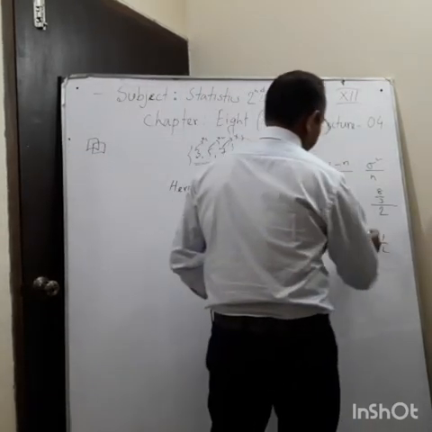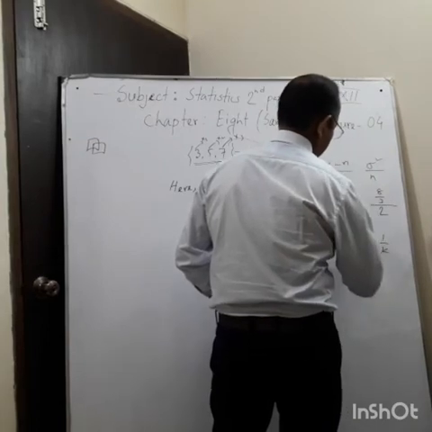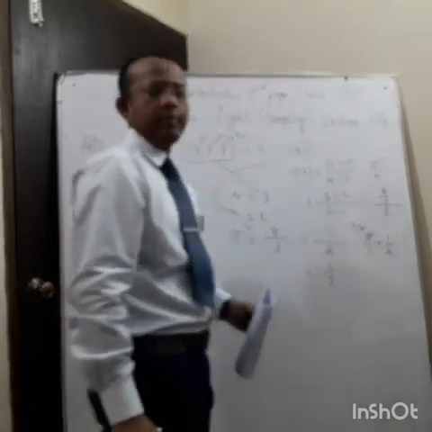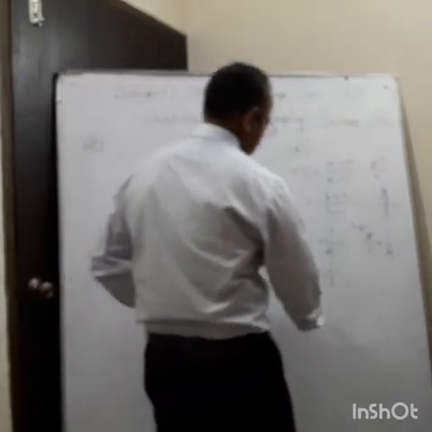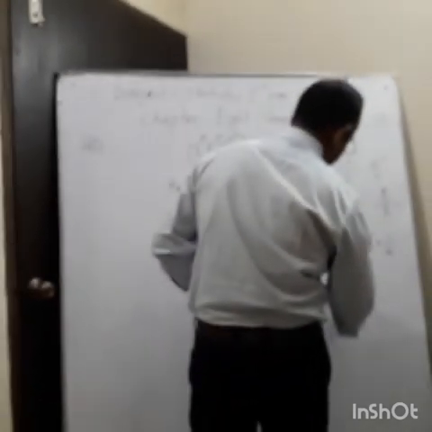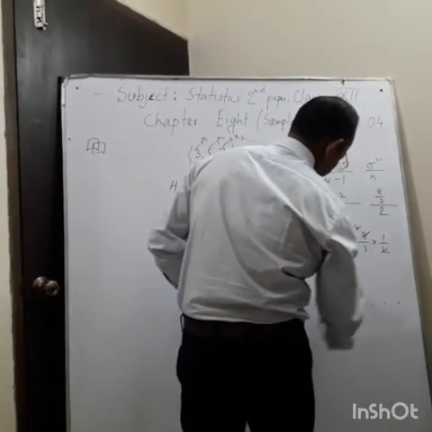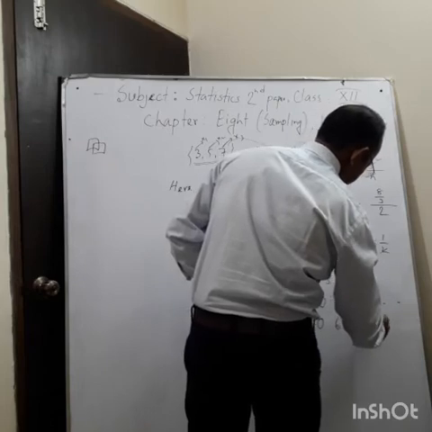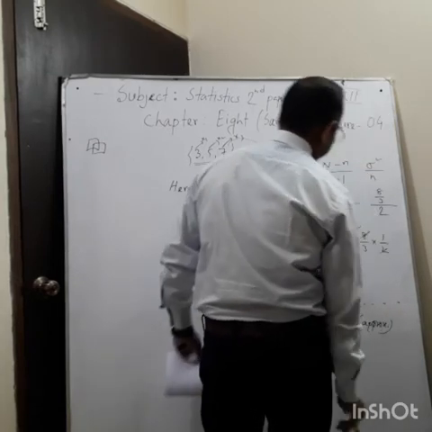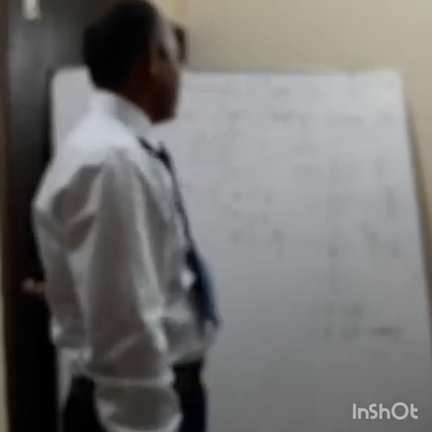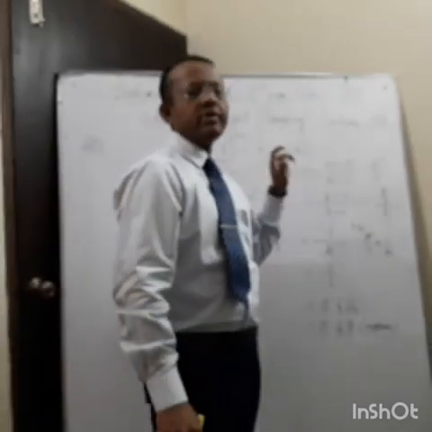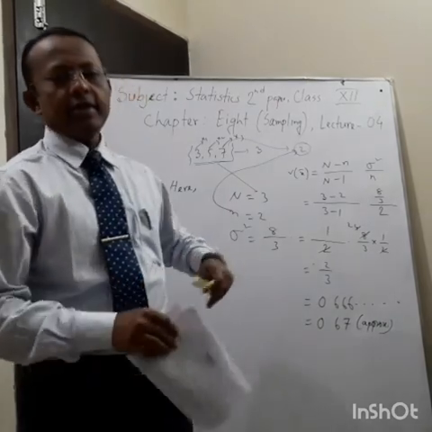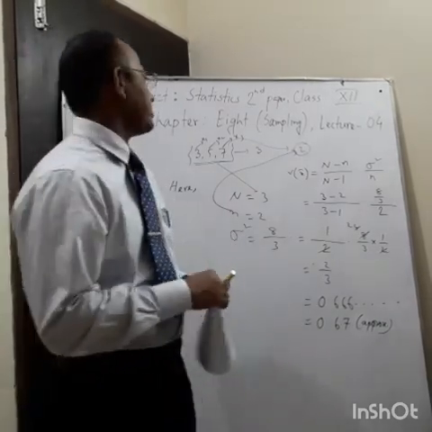This is 4, this is 2, and finally we get 2 by 3, and this is equal to 0.666, that is 0.67 approx. So we determined the variance of sample mean when the samples are selected without replacement.